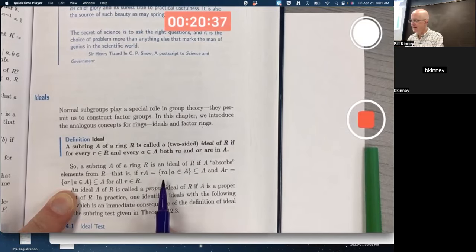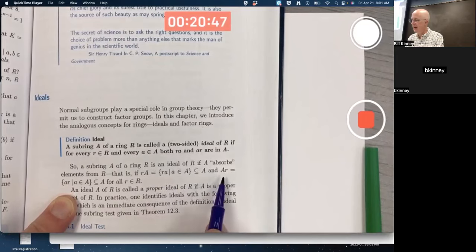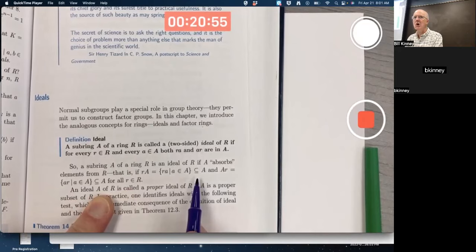But you can still define these sets. rA is the set of all products, little r times little a, as little a varies over capital A, and similar for Ar. These are both subsets of A. You might wonder, are they subrings of A? Are they ideals in A? Let's wait and see.